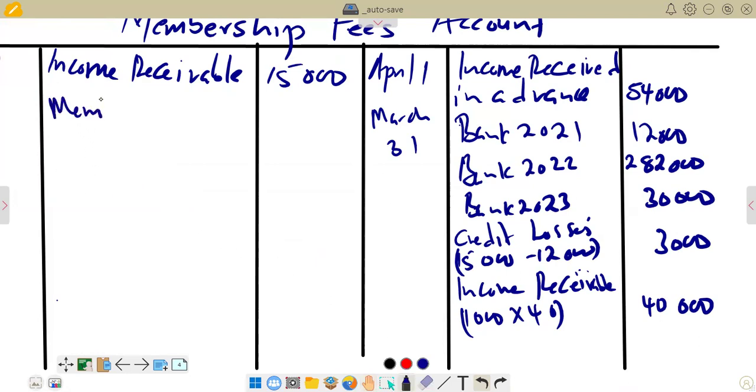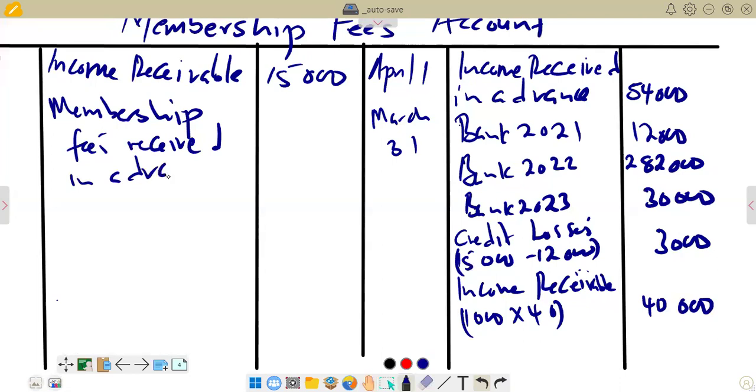We say membership or income, it's the same thing, because membership is an income. Membership fees received in advance. The amount that we have there is 30,000. So this is what we have, guys.